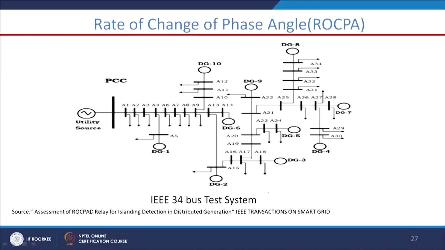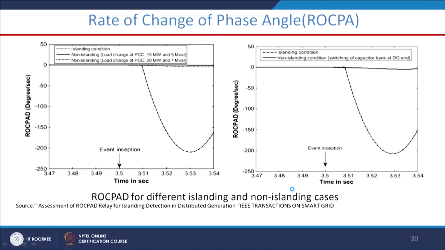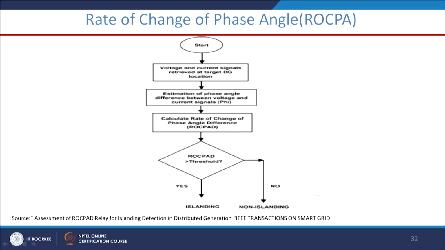Another technique is the rate of change of phase angle, that is ROCPA. I will go directly to this flow diagram. Here the voltage and current signals are retrieved at the target DG location. After getting the voltage and current signals, the phase angle between them is calculated, and then the rate of change of phase angle difference is calculated.